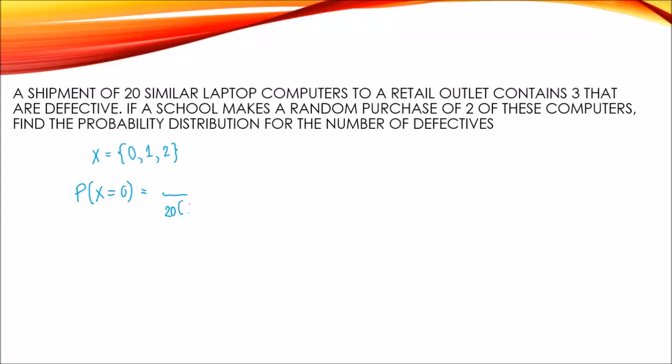Now, what is the number of combinations where we get no defective laptop? We can say that we have 20 laptops and 3 of these laptops are defective. Therefore, we only have 17 laptops which are in good condition.